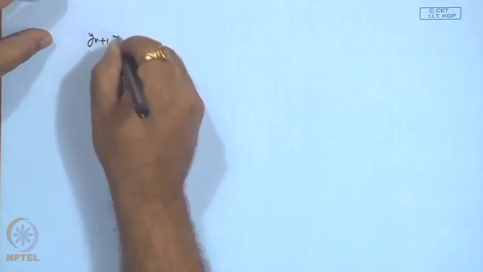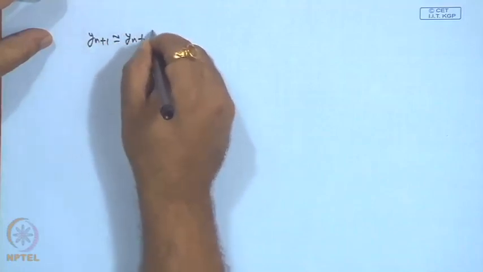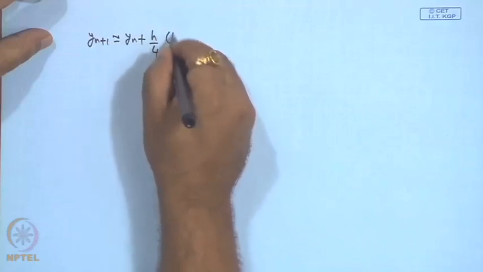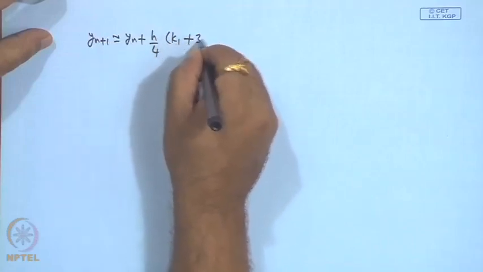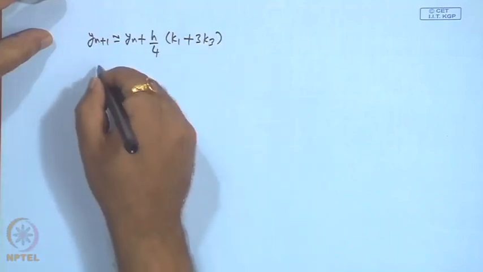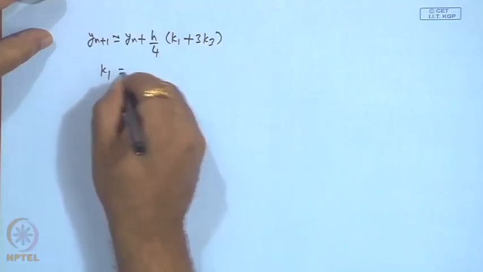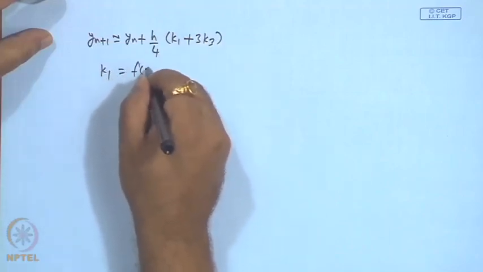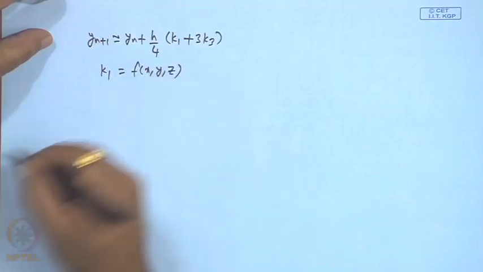So, we define y n plus 1 is y n plus h by 4 k 1 plus, and k 1 is f of x y z.